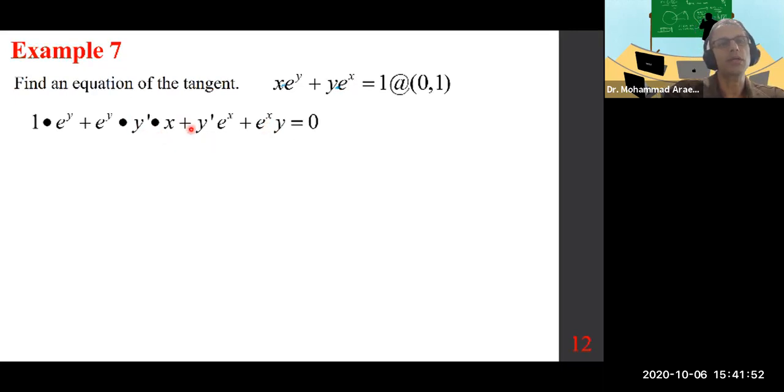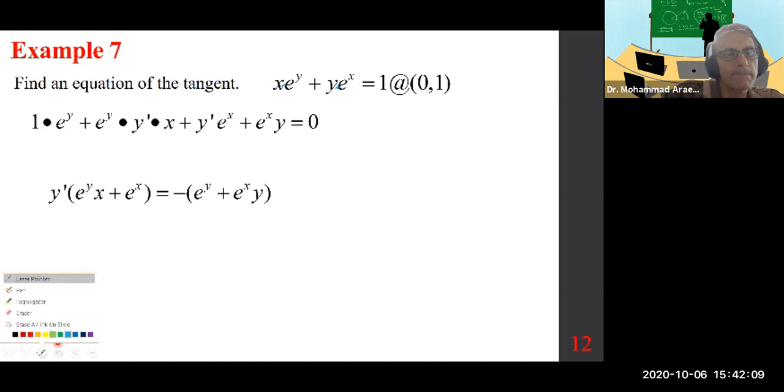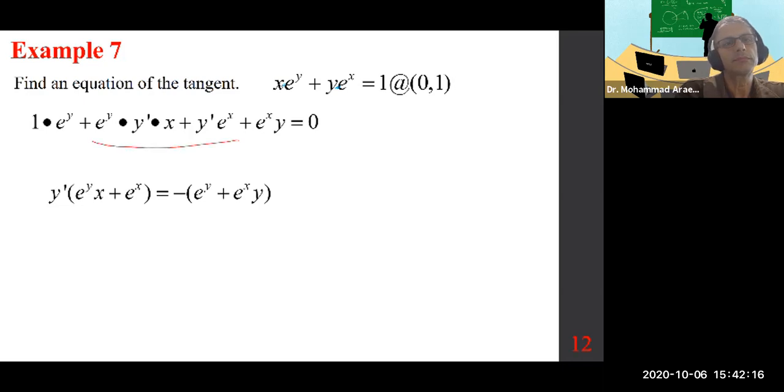That means you are going to keep this and factor out the y prime. You want to move this, becomes negative. You want to move this, becomes negative on the other side. So I hope you see what happens here. These two pieces, okay.